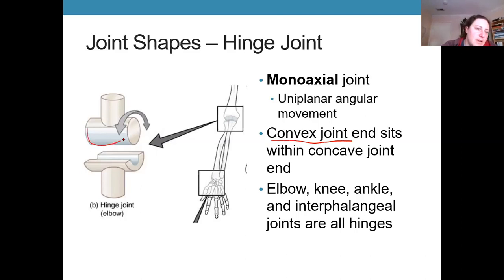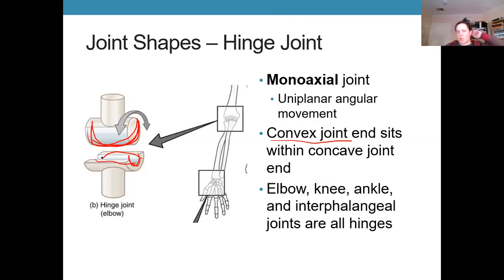So this guy is convex, rounded and poking out, fitting inside of a concave bone end. So here's our little concave guy here. And so that basically locks it in. And this is the only movement available. It's typically too wide to allow for any other movement.